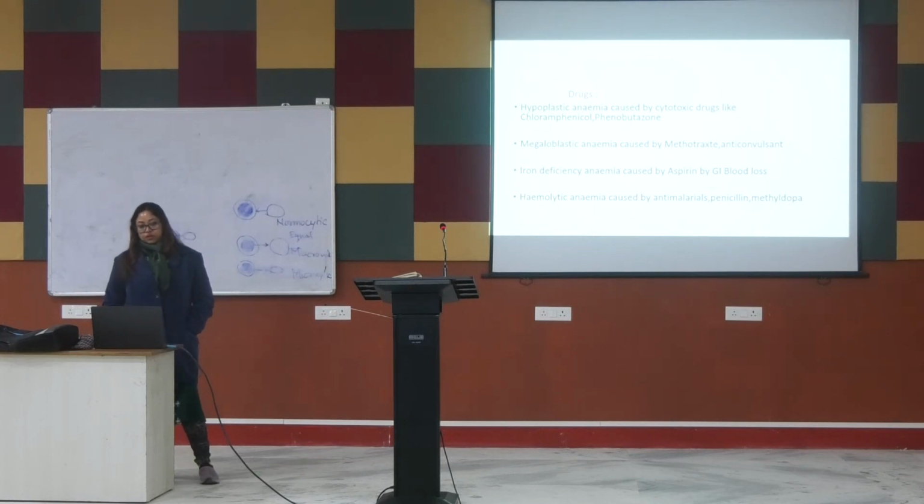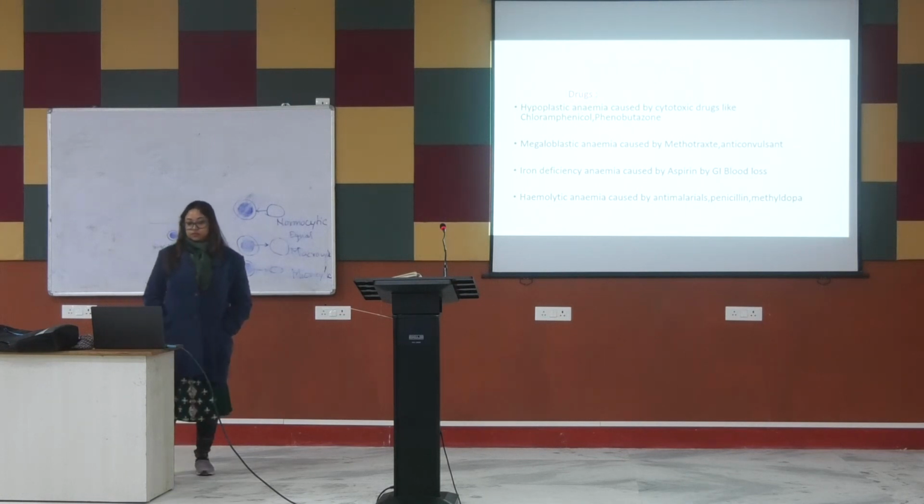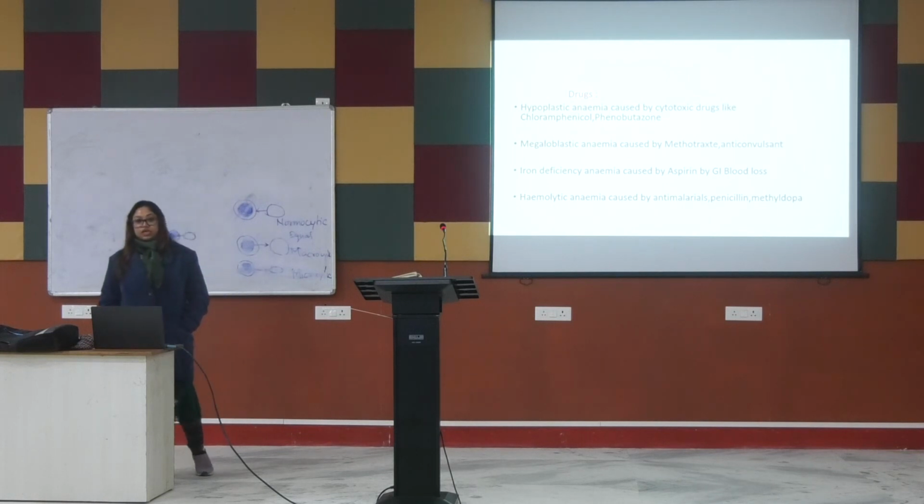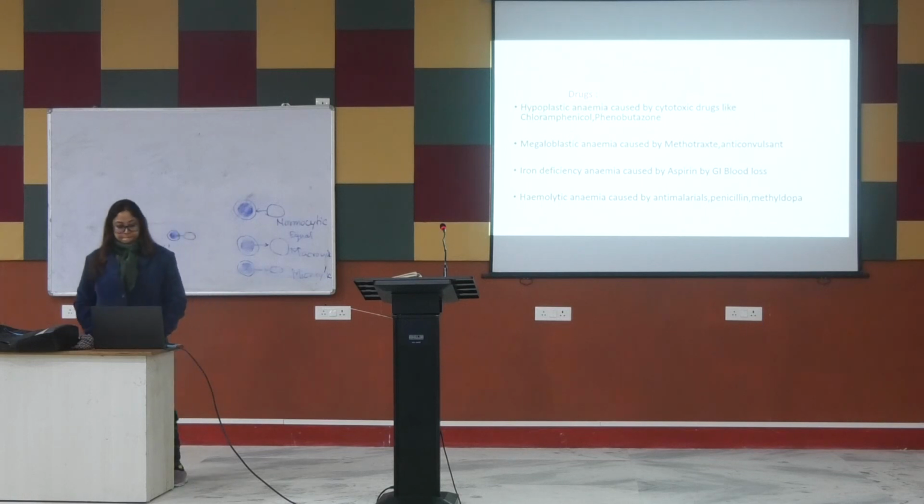Megaloblastic anemia caused by methotrexate and anticonvulsants. Iron deficiency anemia caused by aspirin, কিভাবে করছে? By GI blood loss. And hemolytic anemia caused by antimalarials, penicillin, methyldopa, etc.